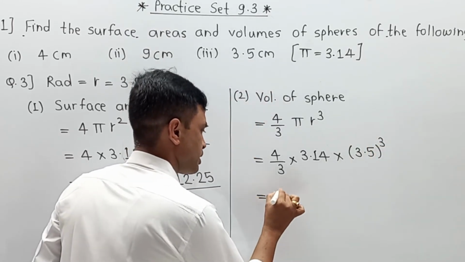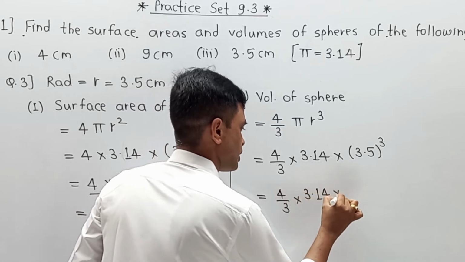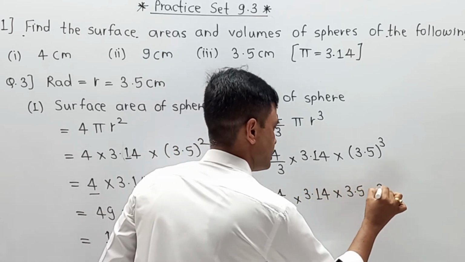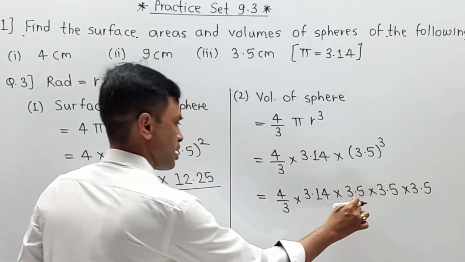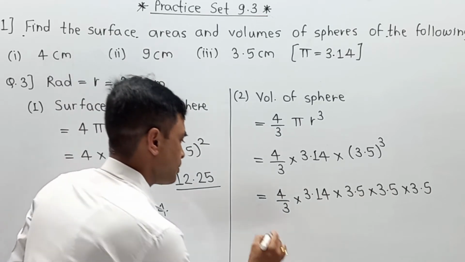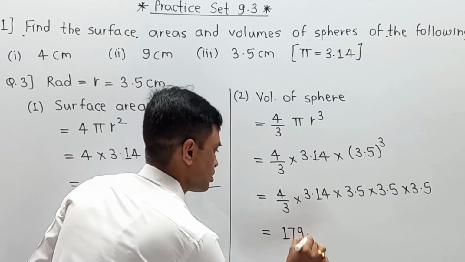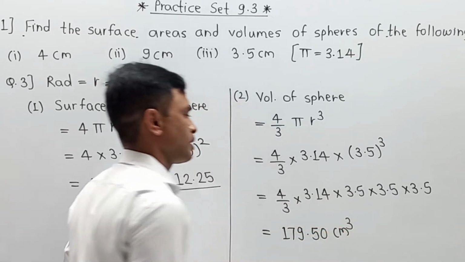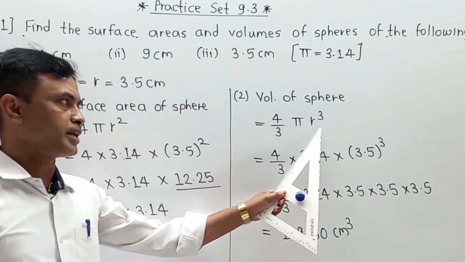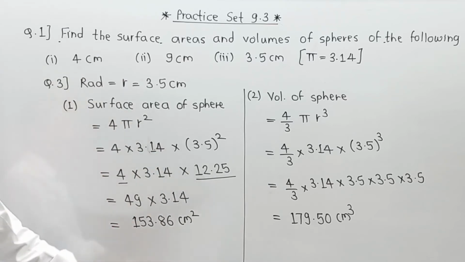Now your simplification becomes 4 upon 3 into 3.14 into 3.5 into 3.5 into 3.5, and this calculation becomes 179.50 cubic centimeter. As the unit is centimeter given in terms of r, volume will definitely be cubic centimeter, and in this way you can solve all three numericals.